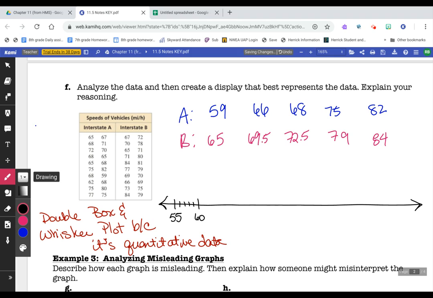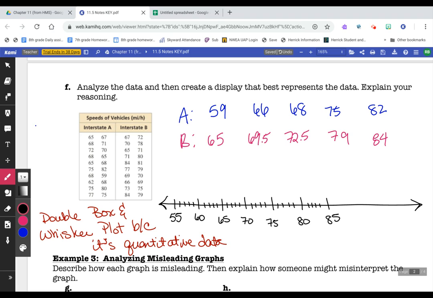So that'll be 60. It'll be 65. And I'm doing my best to keep them evenly spaced as much as possible. If you do it by hand, obviously it's not going to be perfect, but do your best. Okay, and that should be able to get all of the data on there.